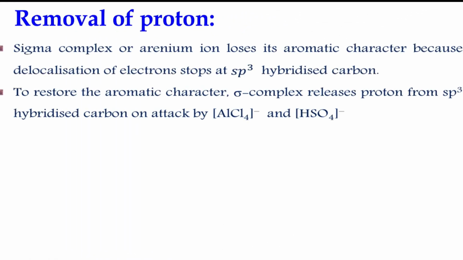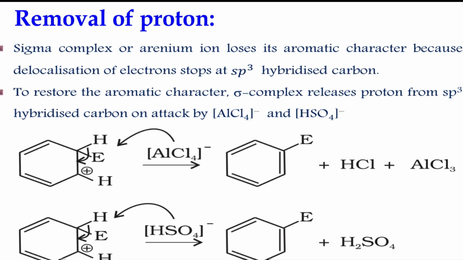Last step is removal of proton. Sigma complex or arenium ion loses its aromatic character because delocalization of electrons stops at the sp3 hybridized carbon. To restore the aromatic character, sigma complex releases proton from the sp3 hybridized carbon on attack of AlCl4 negative and HSO4 negative.